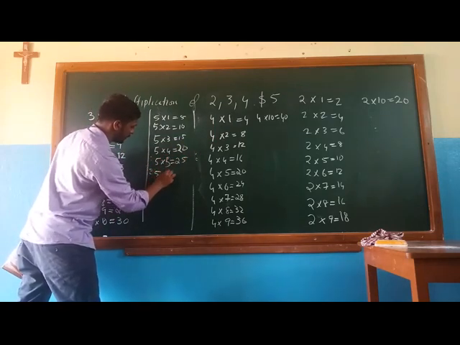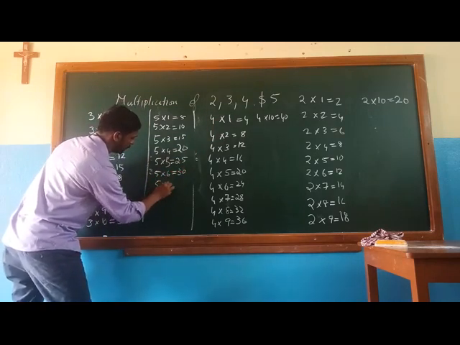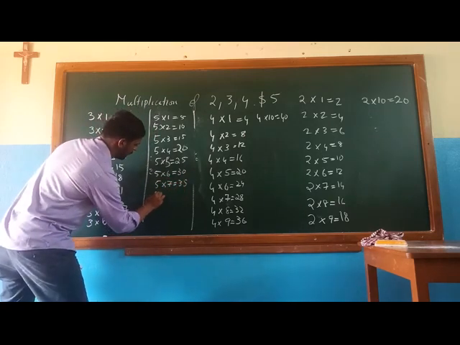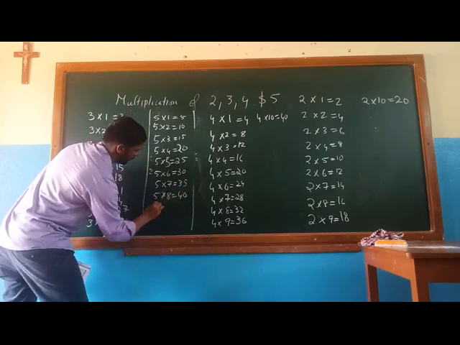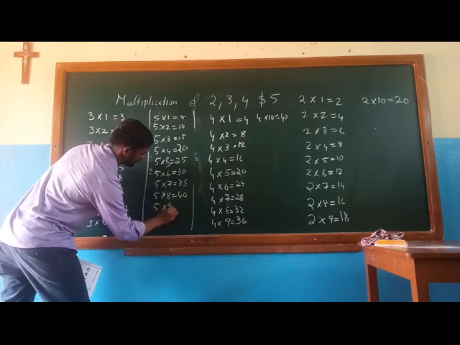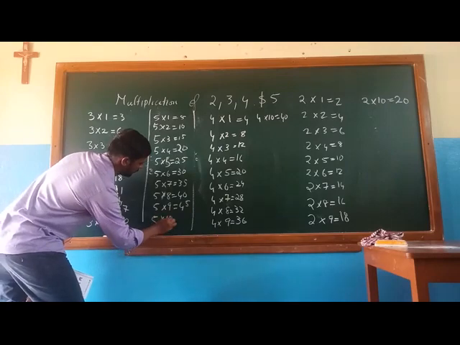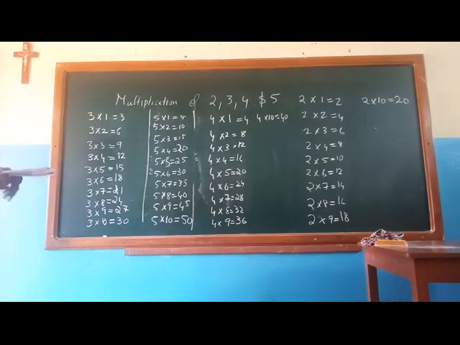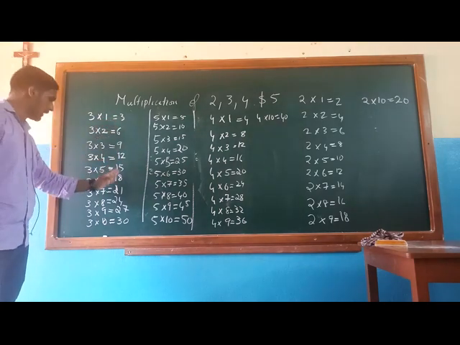For 6 times it is 30. For 7 times it is 35. For 8 times it is 40. For 9 times it is 45. For 10 times it is 50.